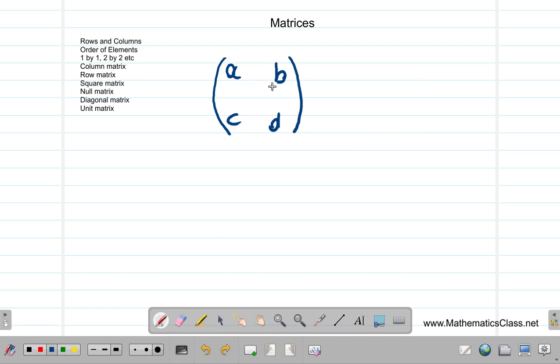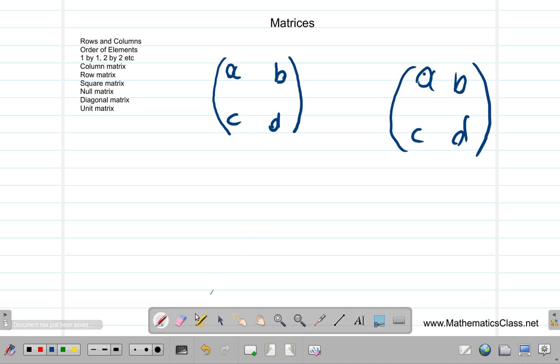Alright. Now, if you want to refer to this matrix again, you don't have to go through the process of rewriting all the elements and making the brackets. What you do is this.